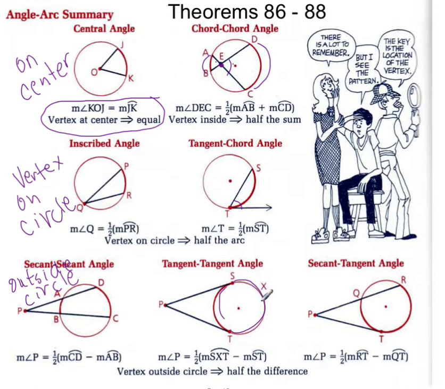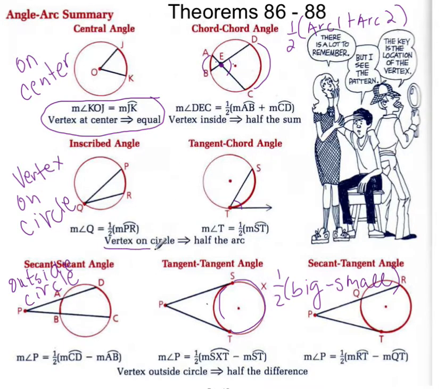It is half the difference between the big minus the small. The words I think of up here is half the sum of the arcs. And over here, just like the book says, if the vertex is on the circle, the measure of the angle is equal to half the arc.